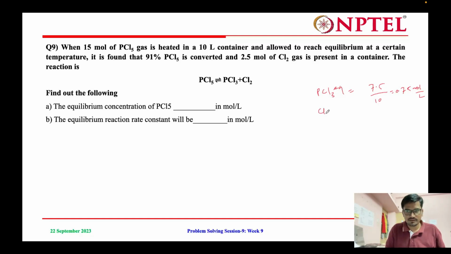Similarly, Cl2 at equilibrium is 7.5 divided by 10, so 0.75.